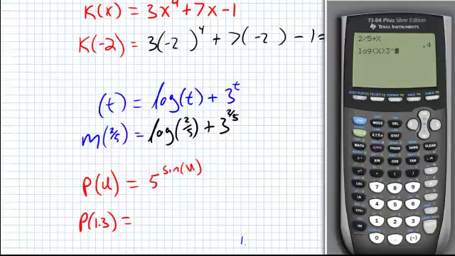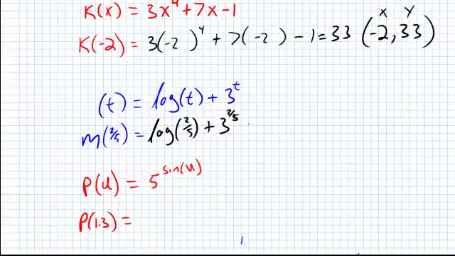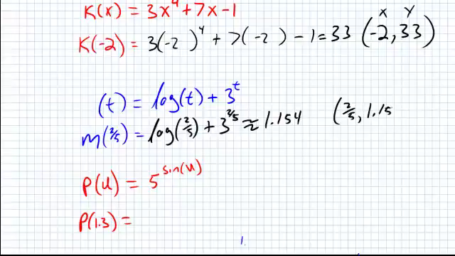Plus 3 raised to the x gives me approximately 1.154. I use my approximate symbol again. So my ordered pair is going to be input 2/5, output approximately 1.154.